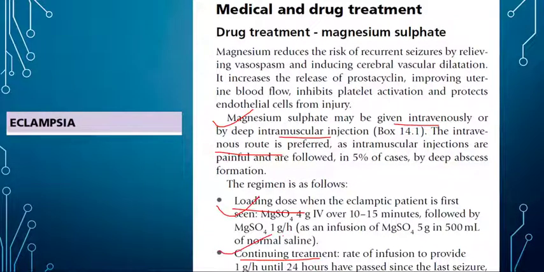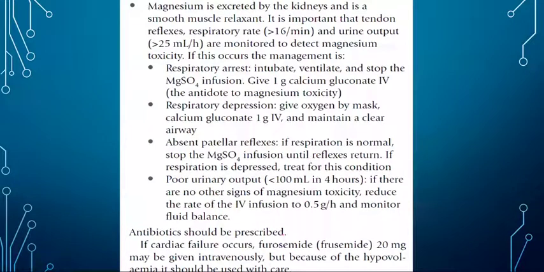Sometimes it comes in the exam. Now, because magnesium is excreted by the kidneys, you should not give it to someone who is having kidney failure. And because it can get toxic, that's why we need to monitor their tendon reflex, respiratory rate, and urine output when they are on magnesium sulfate.